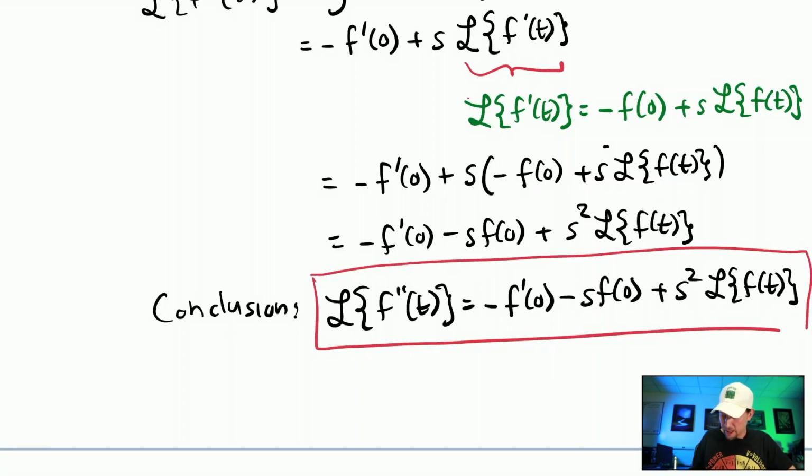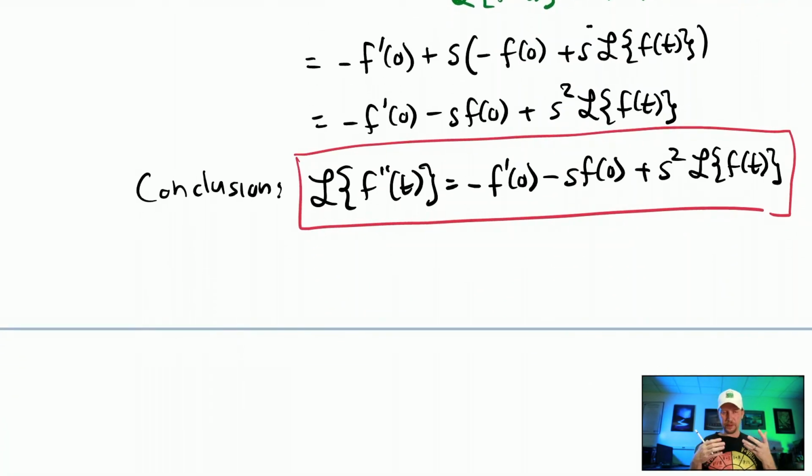Now, if you actually carry out the pattern, hopefully you can see what the pattern is, and you can prove this to yourself as well.